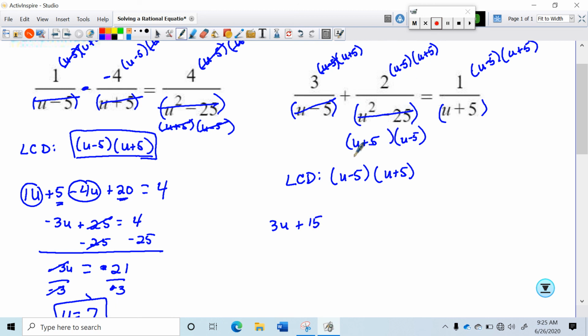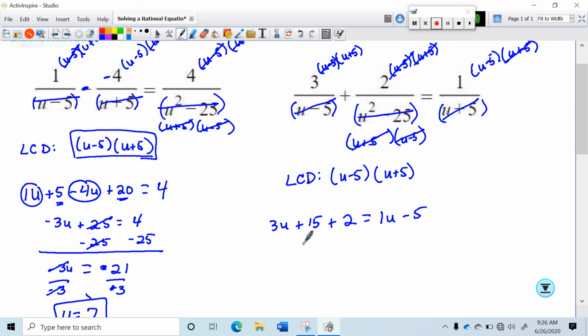Okay, u plus 5 cancels with u plus 5, u minus 5 cancels with u minus 5, so that's just a 2 left over, positive 2, equals u plus 5 cancels with u plus 5. 1 times u is 1u, and 1 times negative 5 is negative 5.